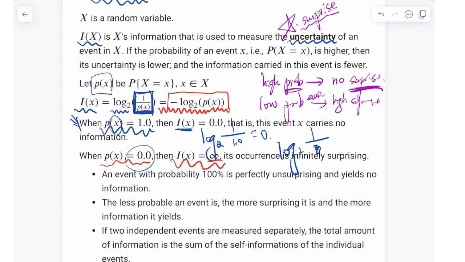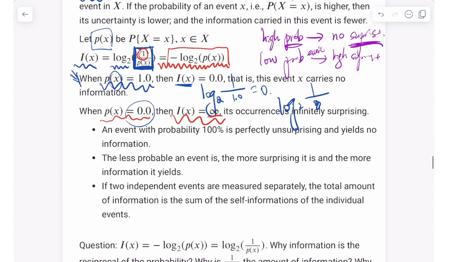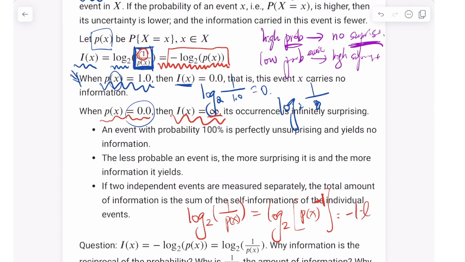That is because you can put log 2 of 1 over px equals log 2 of px to the power of -1, and that is -1 times log 2 px.